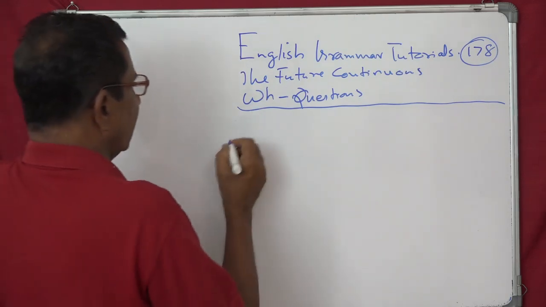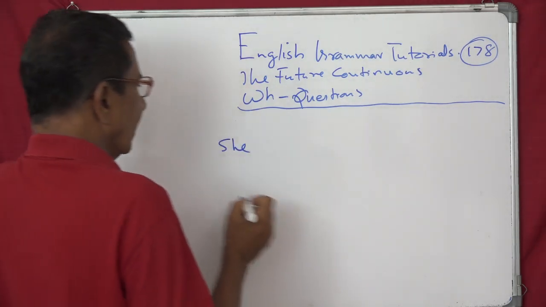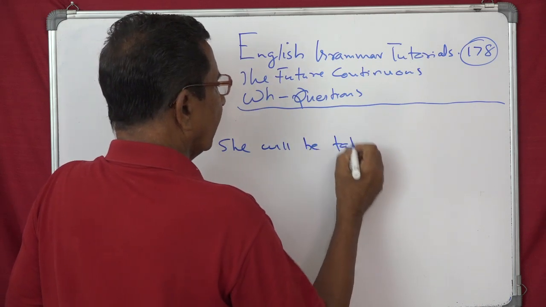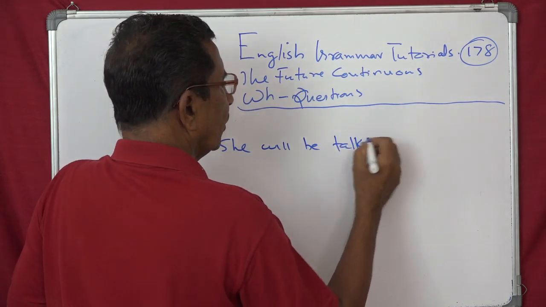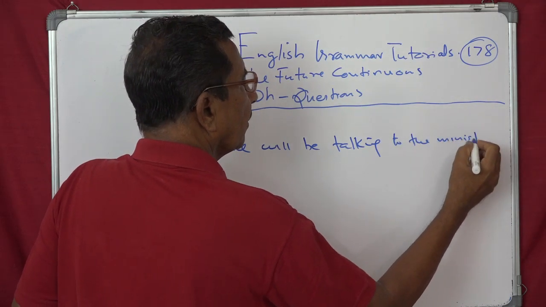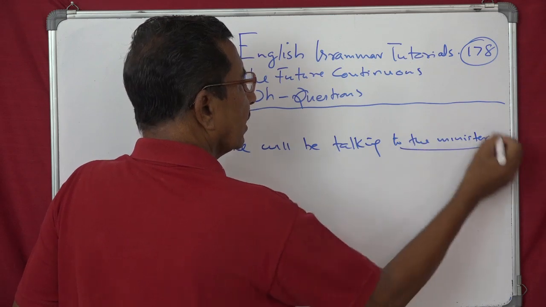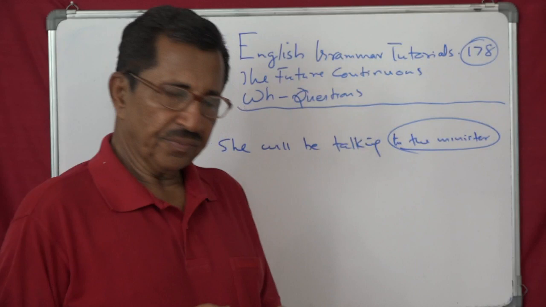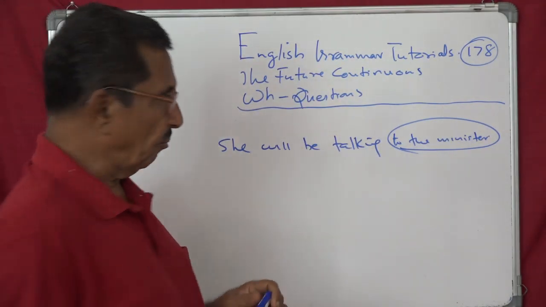Next one is she will be talking to the minister. So you want to get minister as the answer. So you know what is the question word: whom.